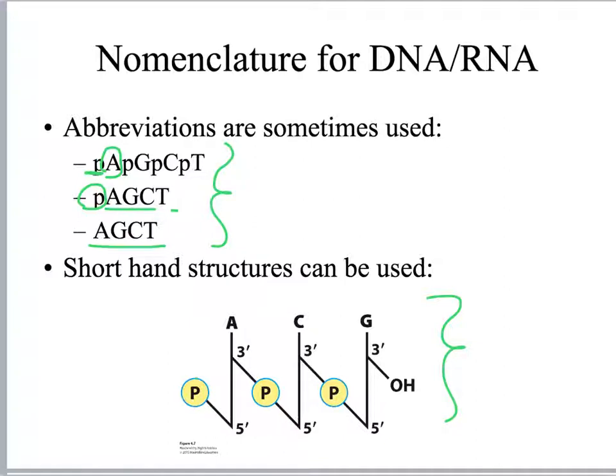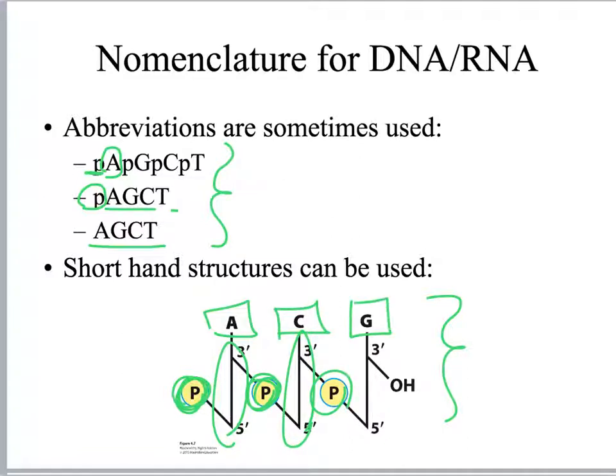So the P represents the phosphate group, and then you'll have your sugars. Here's your sugar and the base coming off your sugar. We have the phosphate, which is esterified to the sugar, and then another phosphate there, and then there's your sugar and another phosphate, and your base is coming off here to show your sequence.